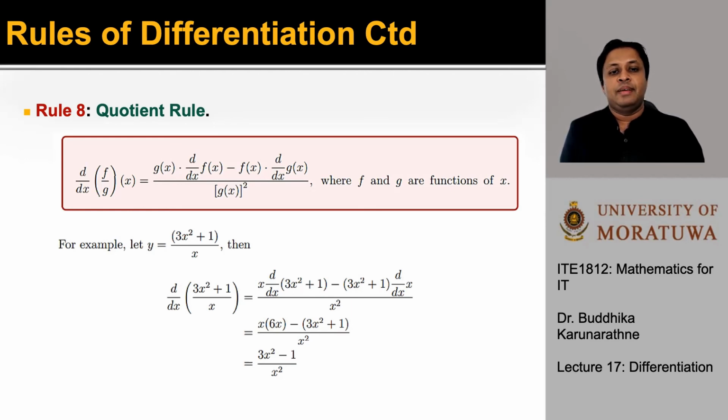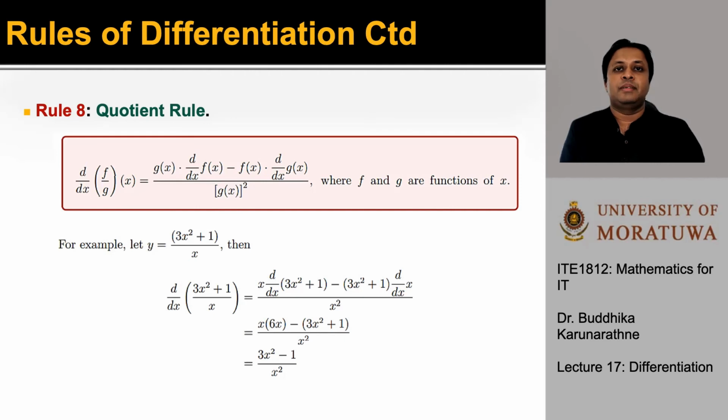We have g(x) times, that is x, remember, x times d over dx f(x). f(x) is 3x squared plus 1, minus f(x) times d over dx g(x). So f(x) is 3x squared plus 1 and g(x) is x. Then you have to do the differentiation accordingly.